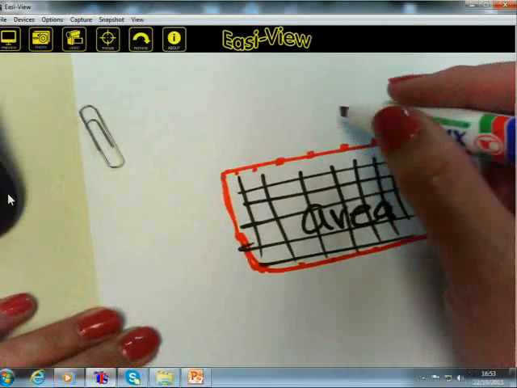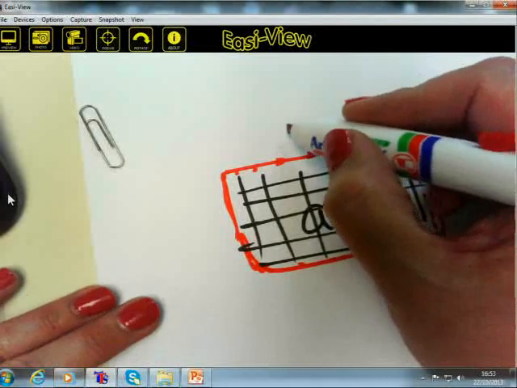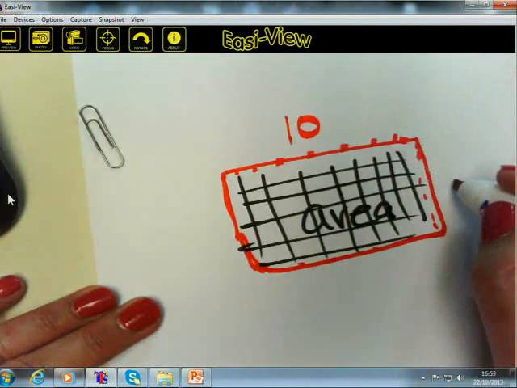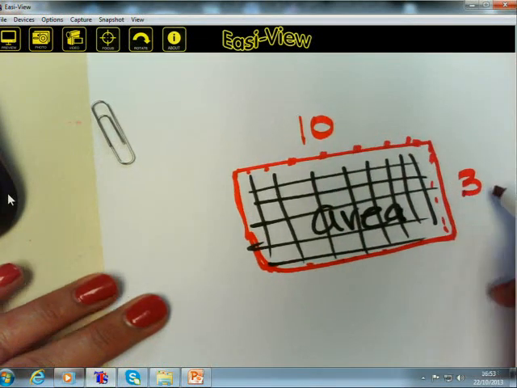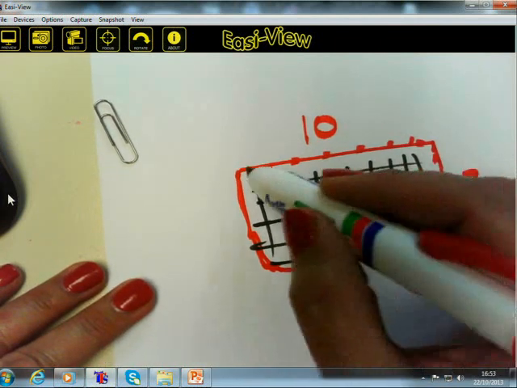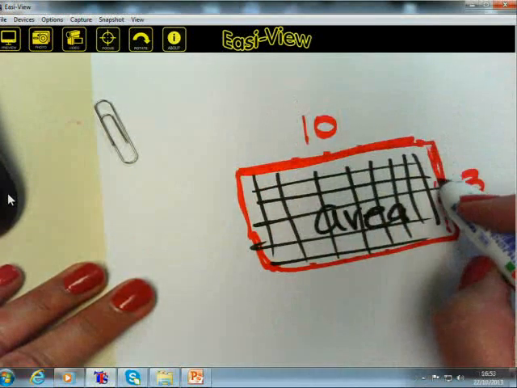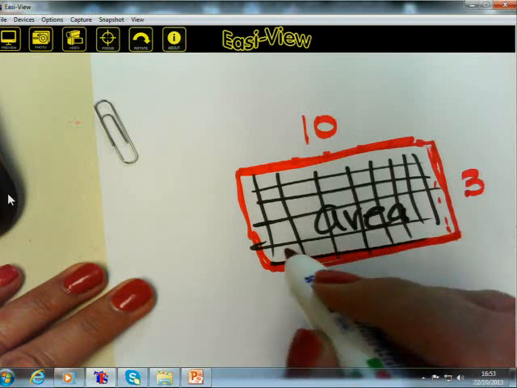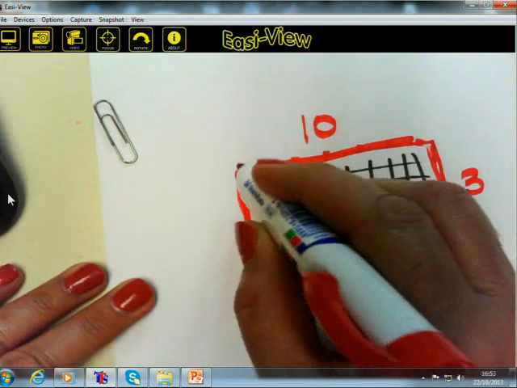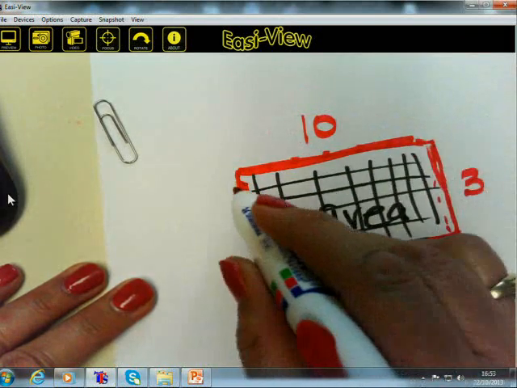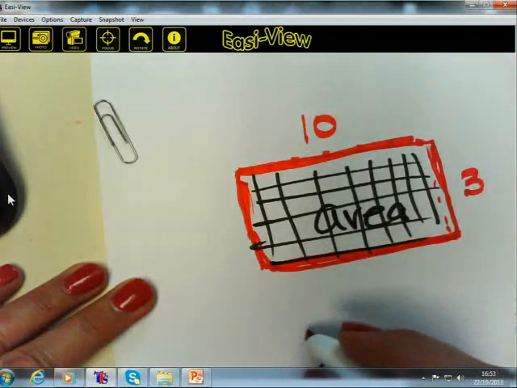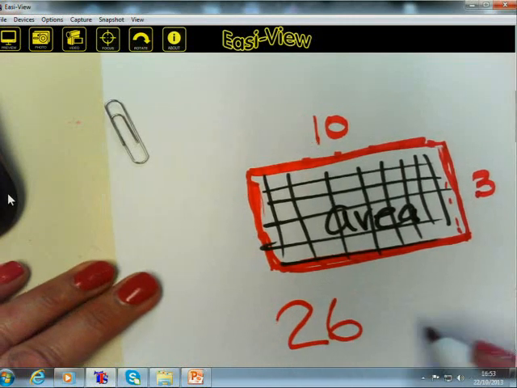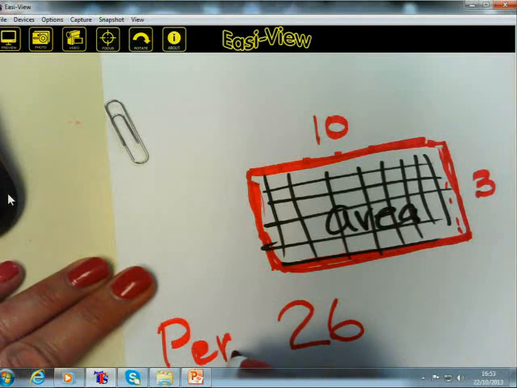Let's put in some distances. Let's say the swimming pool is 10 meters long and 3 meters wide. So the perimeter will be 10 plus 3 plus 10 plus 3, side plus side plus side plus side, and that is going to give me 26. That's the perimeter.